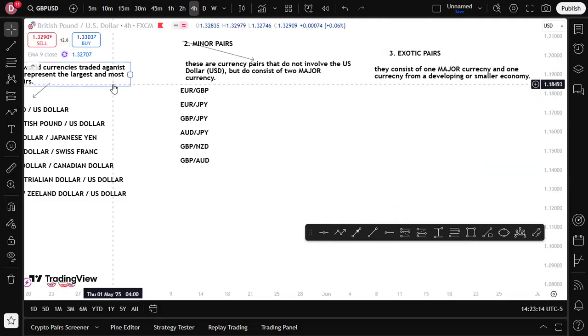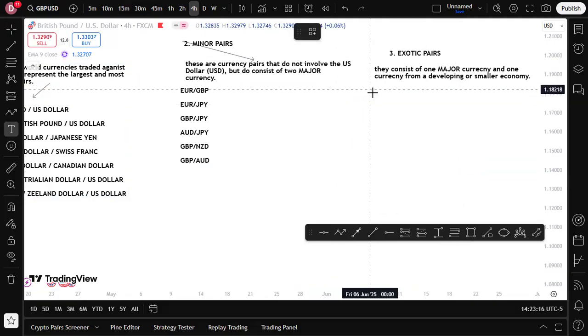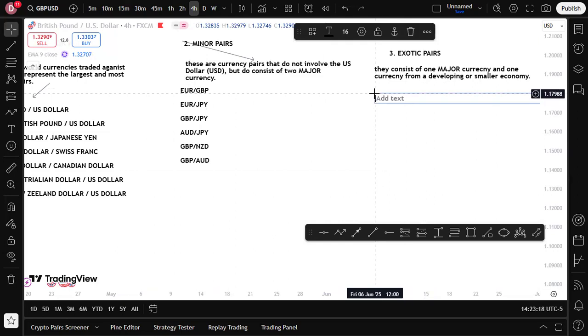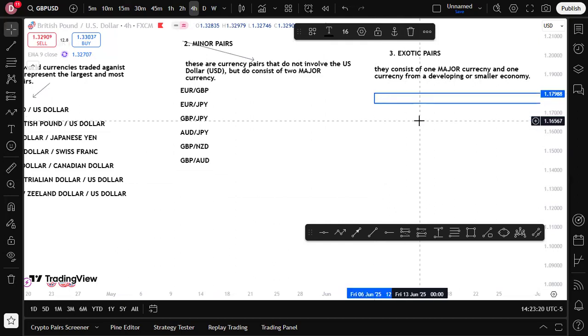An example, where your Naira can come in, is the USD versus the TRY, which is the Turkish lira. US dollar versus the Turkish lira, because all these are smaller or developing economies. So you can see something like this.